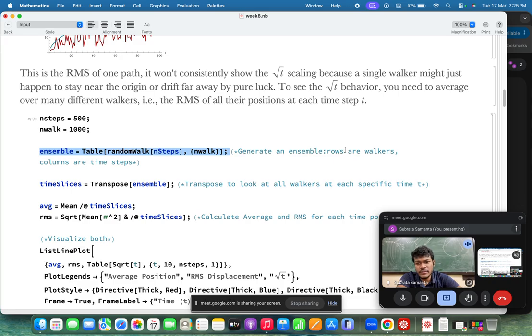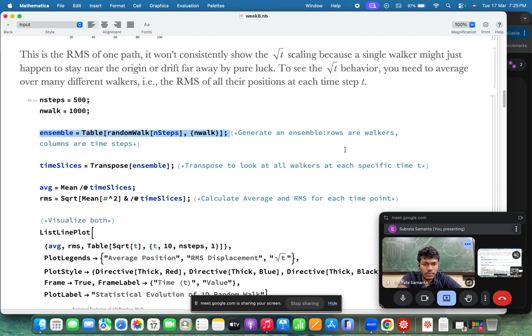Once you transpose, you get time slices in the rows. So each row tells you, at one particular time, what are the positions of the workers.